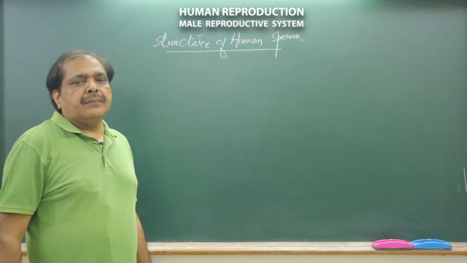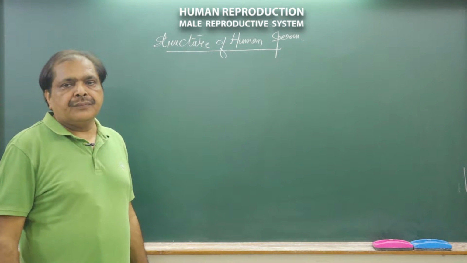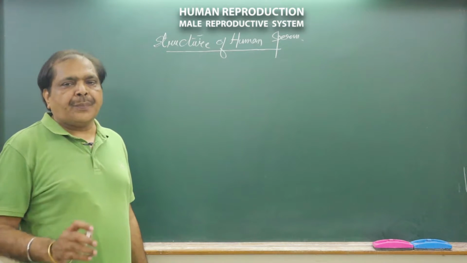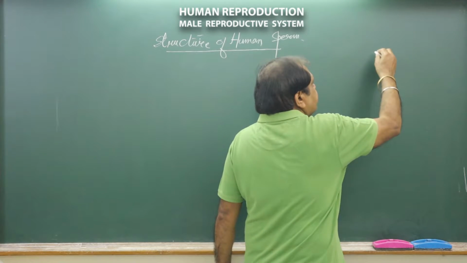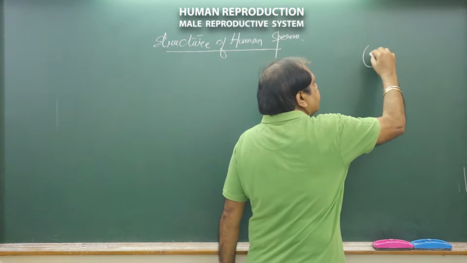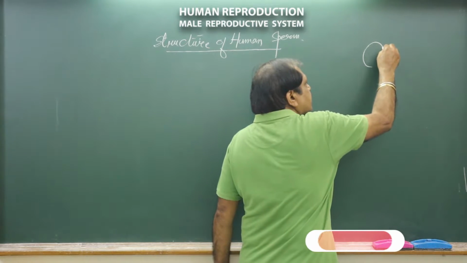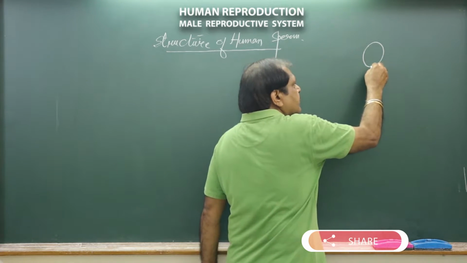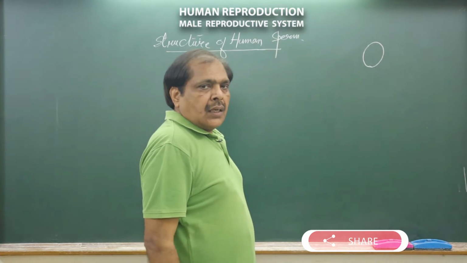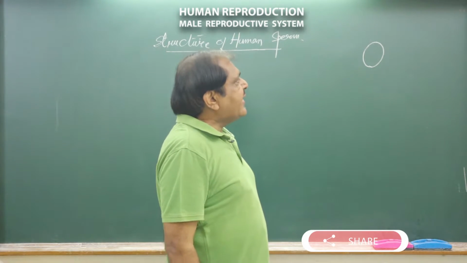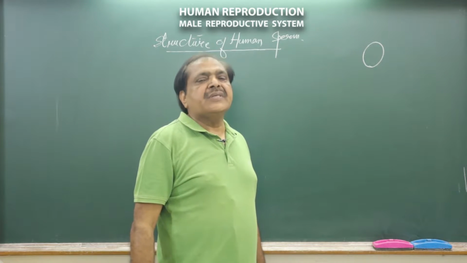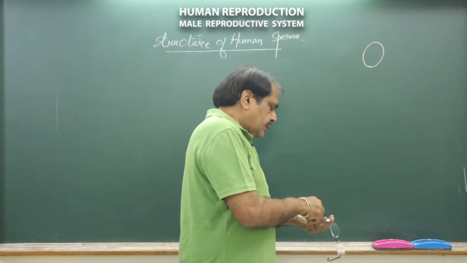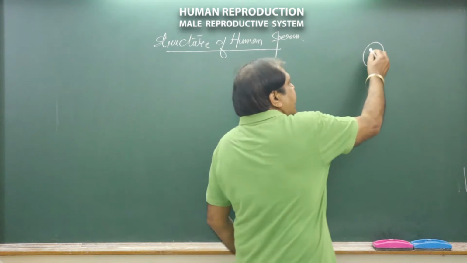A typical sperm, we are talking about the human sperm, consists of 4 parts. One is the head. This is the head. The head contains, towards the anterior side, a structure called the acrosome.